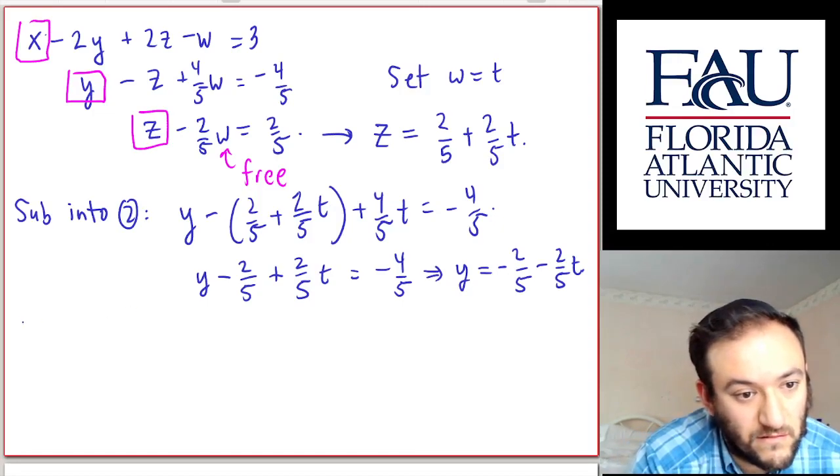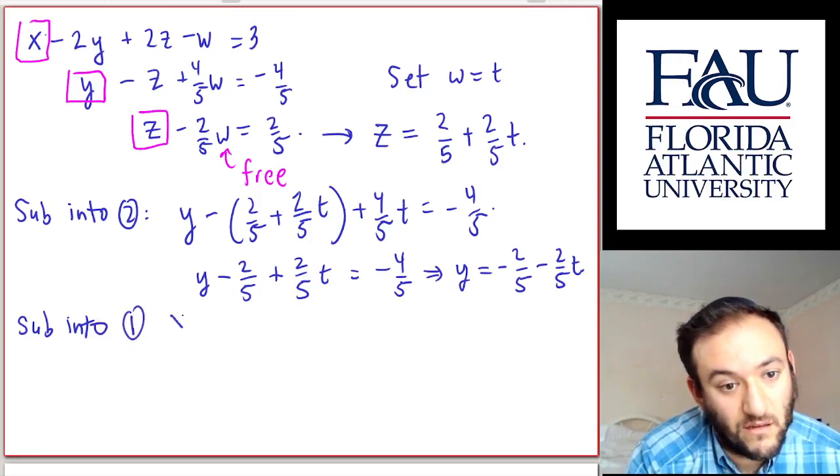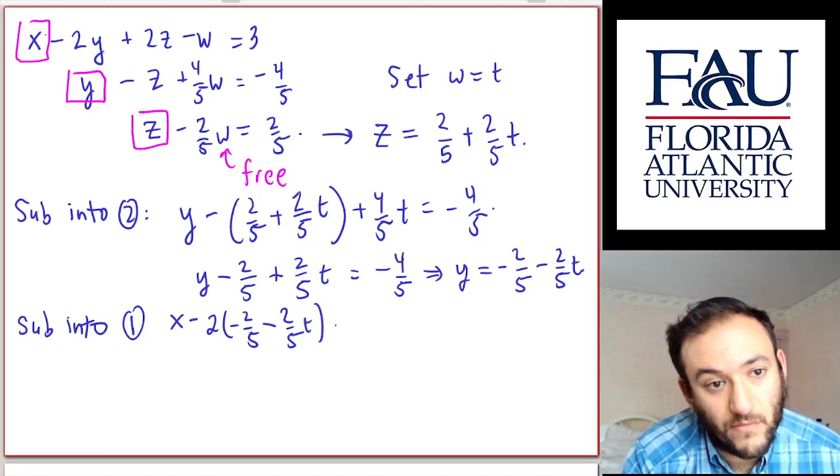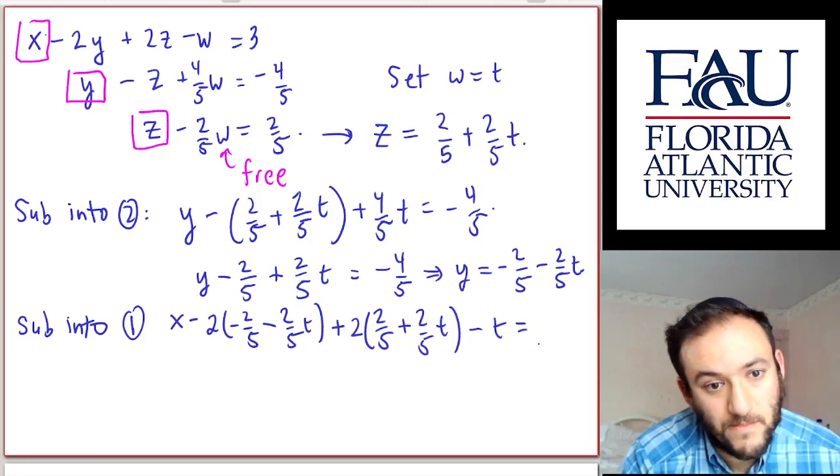And subbing all three of those values into equation 1, we obtain x minus twice negative 2/5 minus 2/5 t plus twice 2/5 plus 2/5 t minus t equals 3.